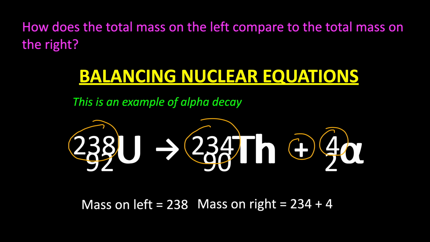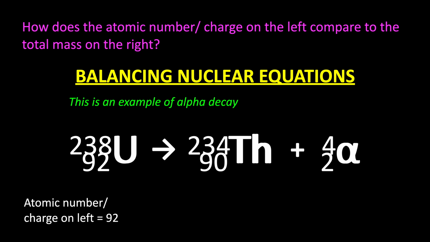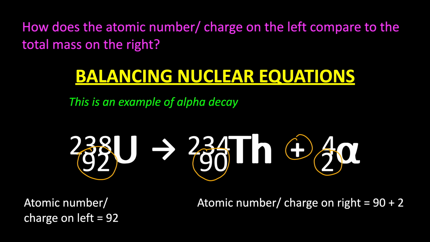Now you should have realized this also applies to the atomic number. The atomic number on the left-hand side is 92, and that's equal to 90 plus 2. So the mass number and the atomic number is equal on both sides of our equation.